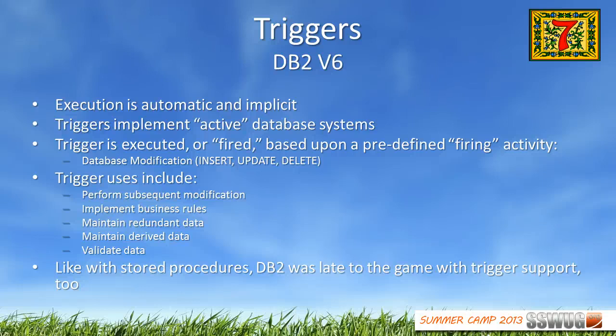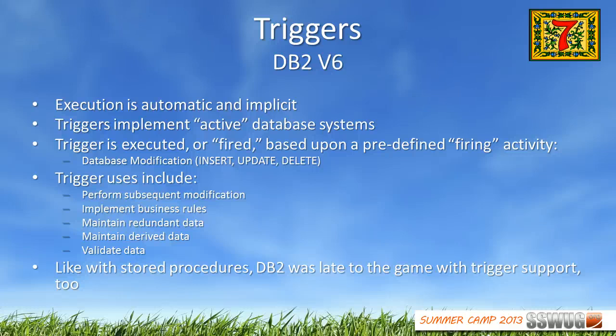Triggers are the next breakthrough, and that came about in version 6. This is our seventh breakthrough. A trigger you can think of as a stored procedure that is automatically run by the DBMS when an activity is fired. That's a high-level way of thinking about it. Basically, you set up the trigger as code that says whenever I do an insert, an update, or a delete to this table, this is additional code that I want to run.